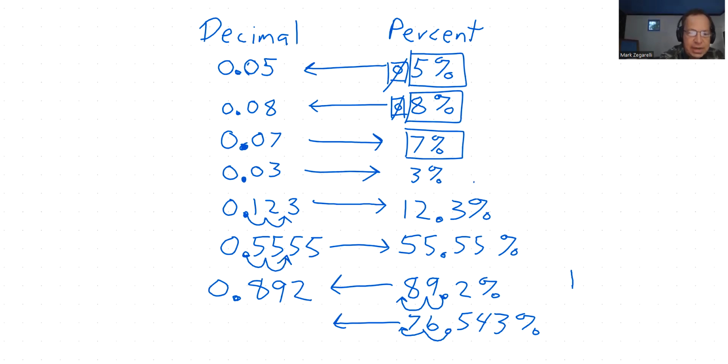That gives us, here's the decimal point, 76543. And I'm going to put the 0 in the front. And that's how we change decimals that have more than 2 decimal places, or percents that themselves have decimals.